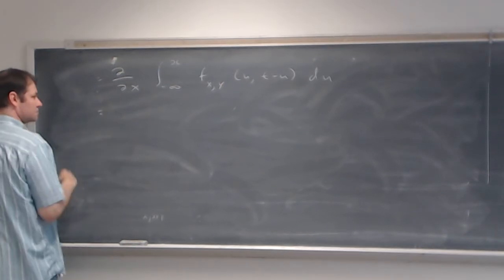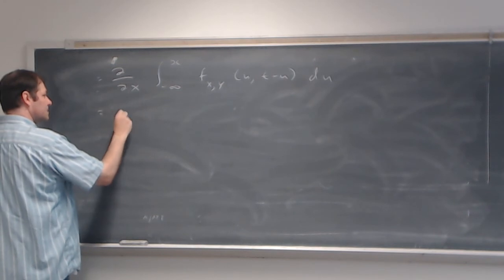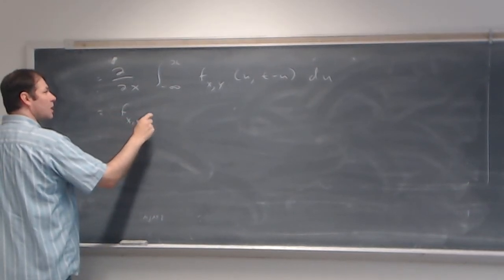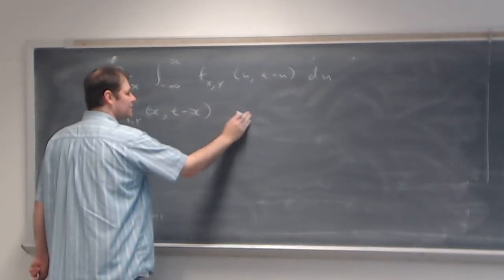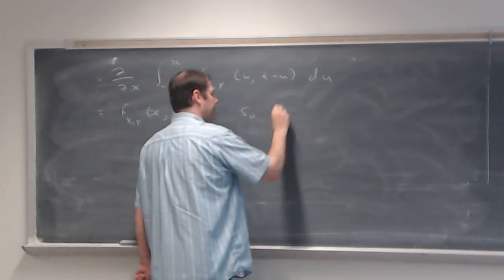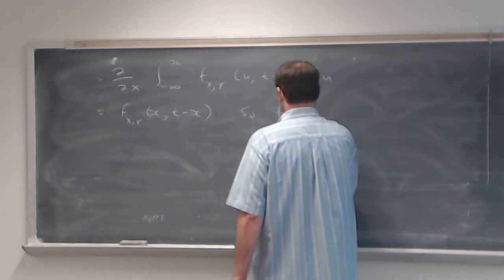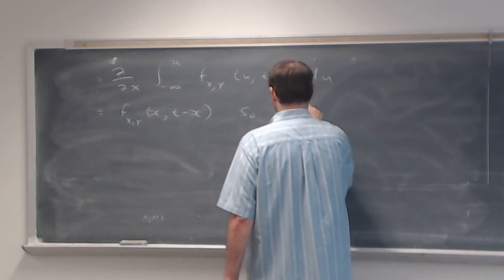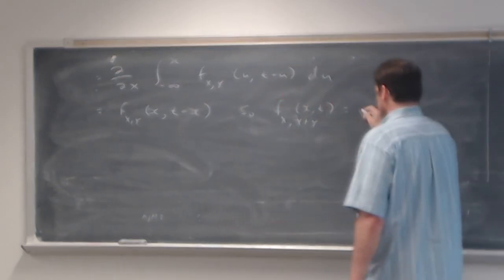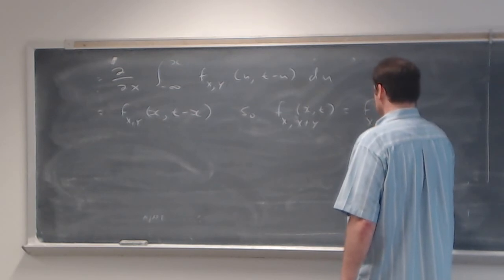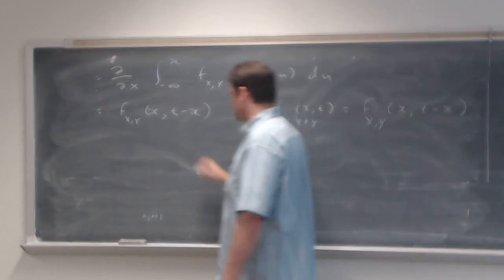Now when we do this integral, by the fundamental theorem of calculus, we replace the u with x, so we get x, t minus x, and that's exactly the result that we wanted. So we have the joint PDF between x and x plus y of x, t is equal to the joint PDF between x and y of x and t minus x. So that ends that proof.